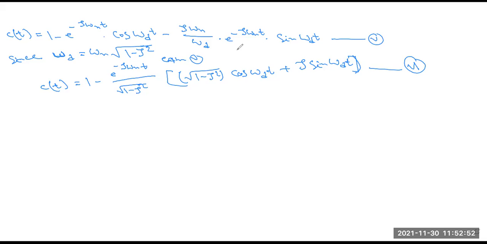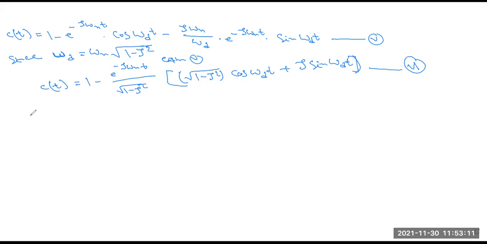For the other part, this is the common part, and omega d is also multiplied from here. So the value we have to put is only zeta sine omega d t also.